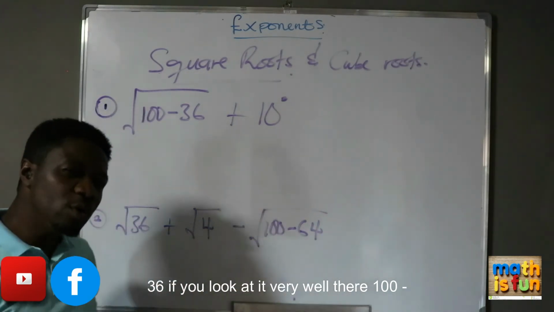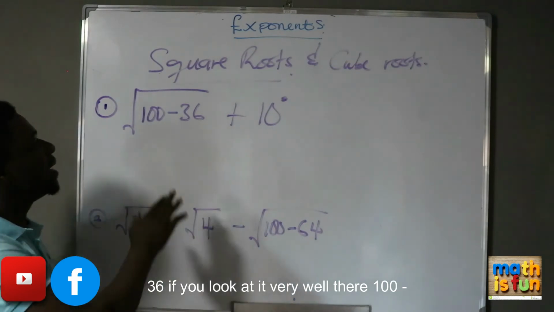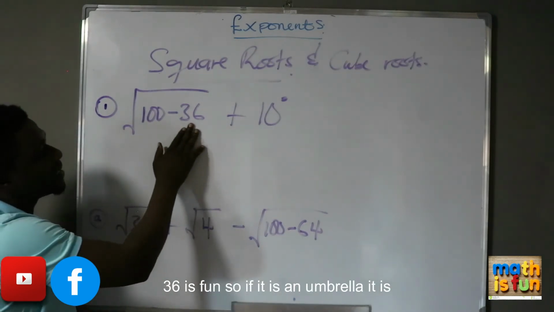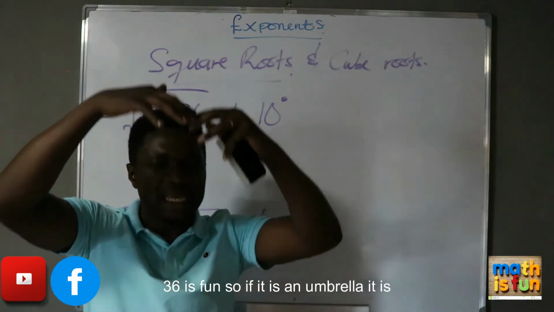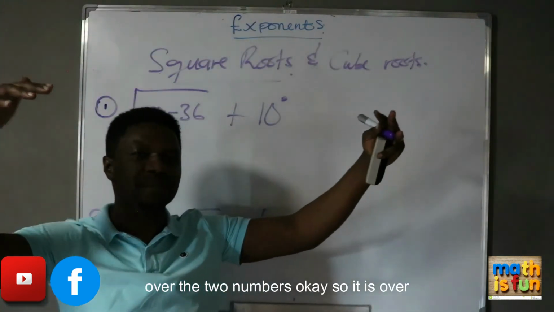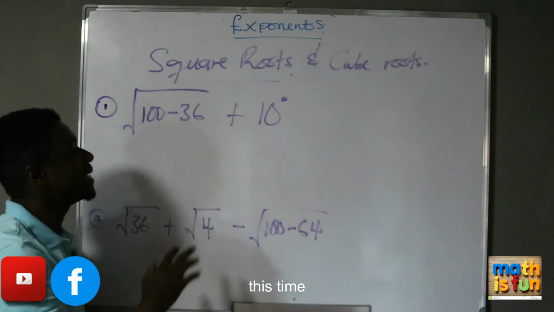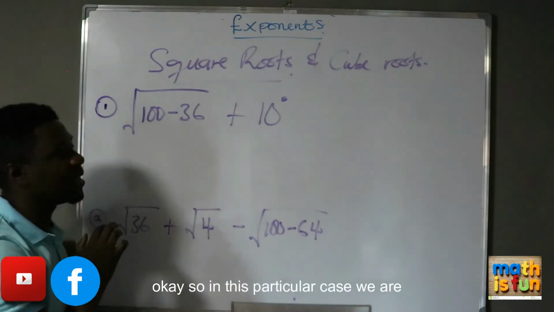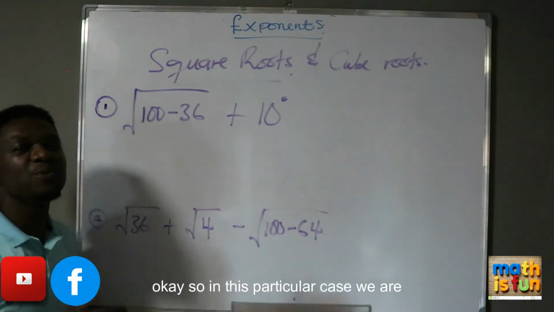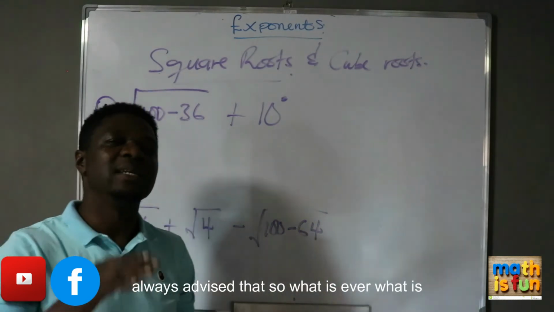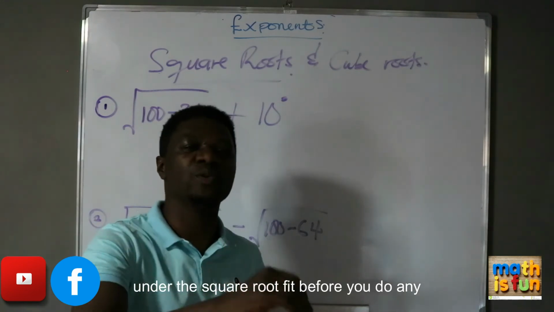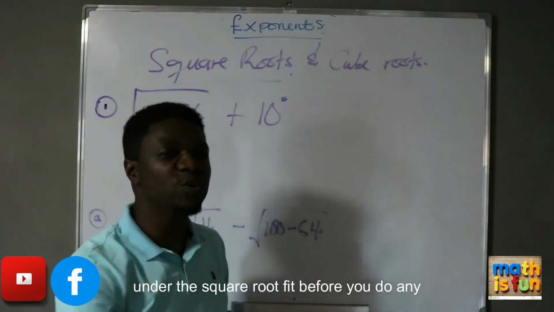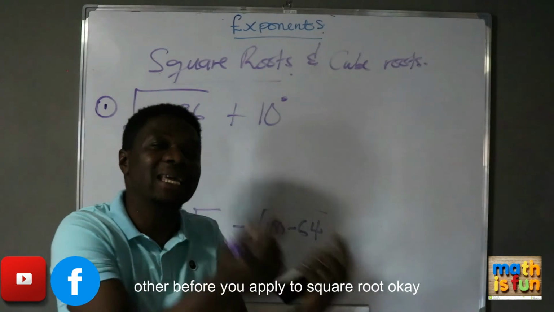If you look at it very well, the 100 minus 36 is found under the square root. So it is like an umbrella over the two numbers, or over the sum. In this particular case, we are always advised to solve what is under the square root first before you apply the square root.